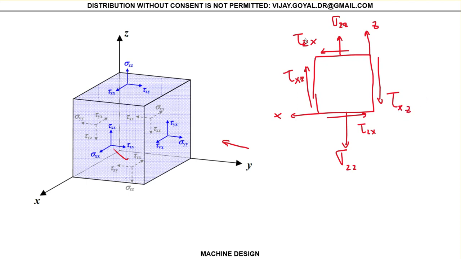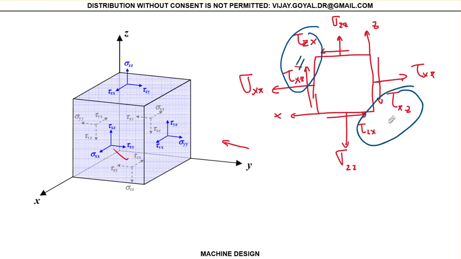Okay, now I told you already, before I move on, I also have sigma xx. So I already told you that these two are equal to each other because we are working a symmetric case.